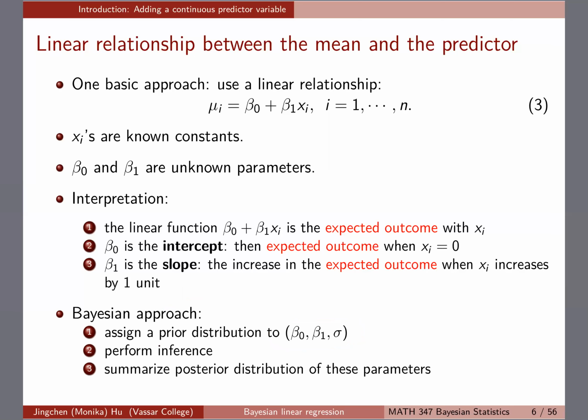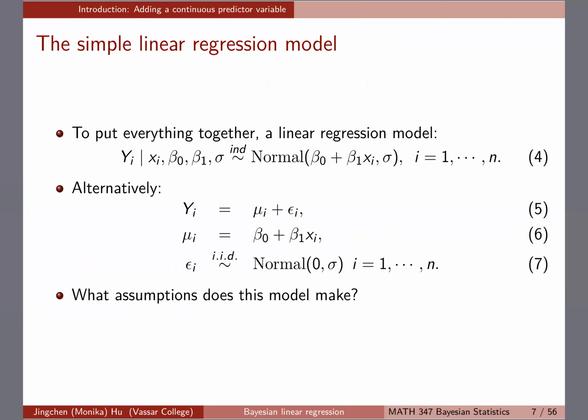All right, so if we put everything together, depending on how you like writing the model, equation 4 will be putting all of the information together, as you can see. We replace the mean mu i using the linear function that we talked about. This way of writing the model also puts an emphasis on the sigma itself. We're not only looking at the expectation, but also the sigma, the standard deviation in the model.